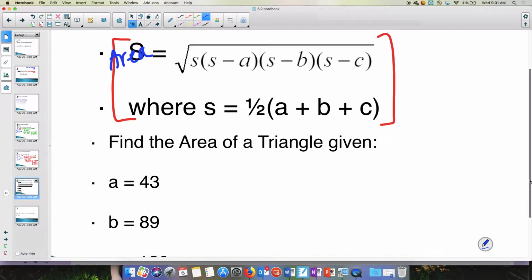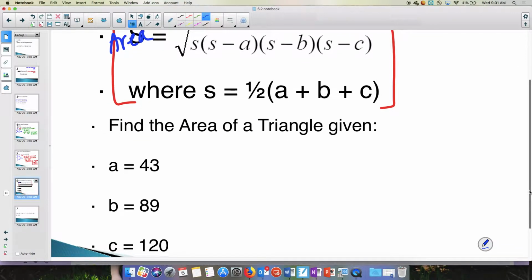I will have you write down these three sides. 43, 89, 120.